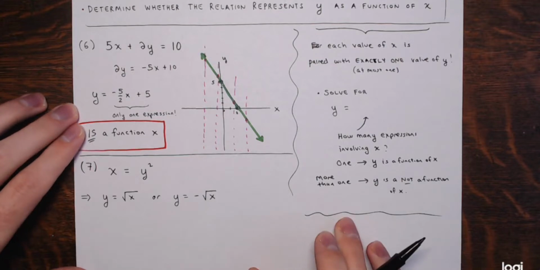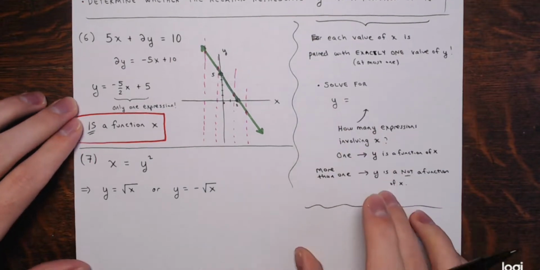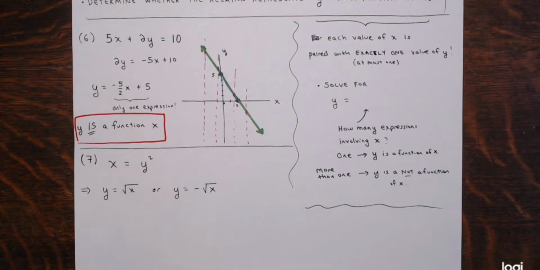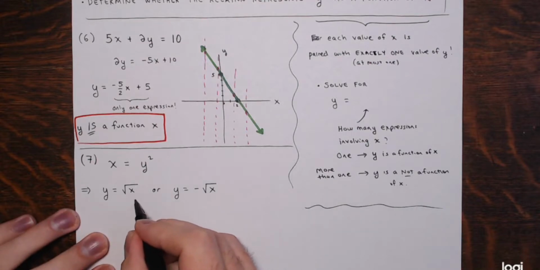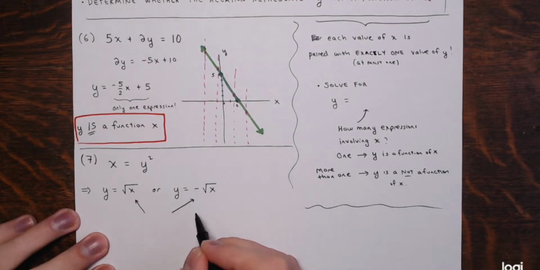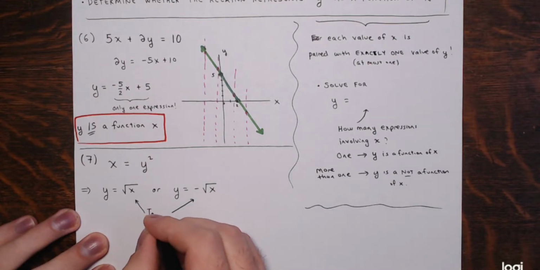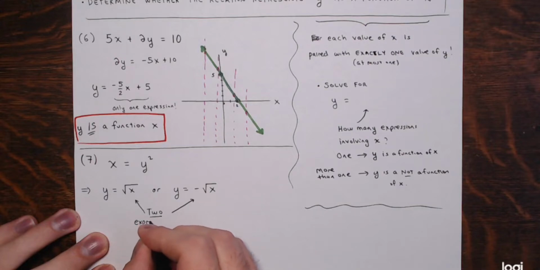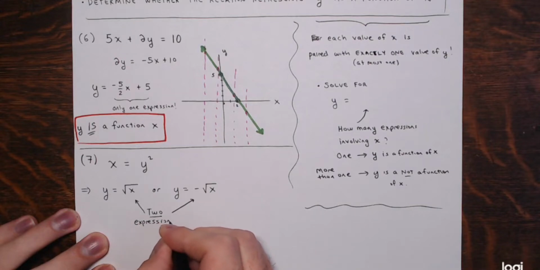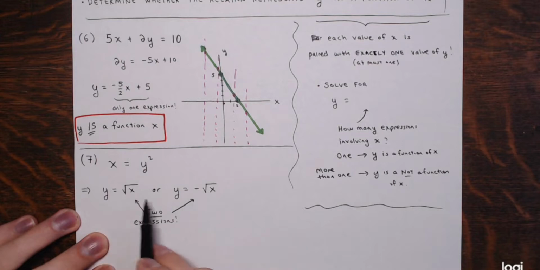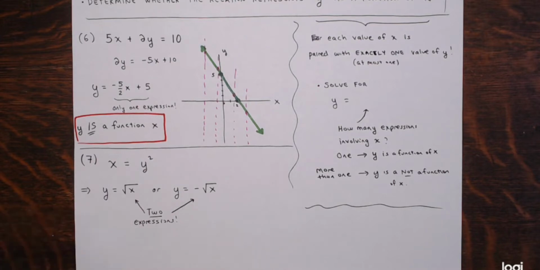So you see, when I try solving for y, there are two expressions involving x that y can be equal to. Or you might write y equals plus or minus the square root of x.